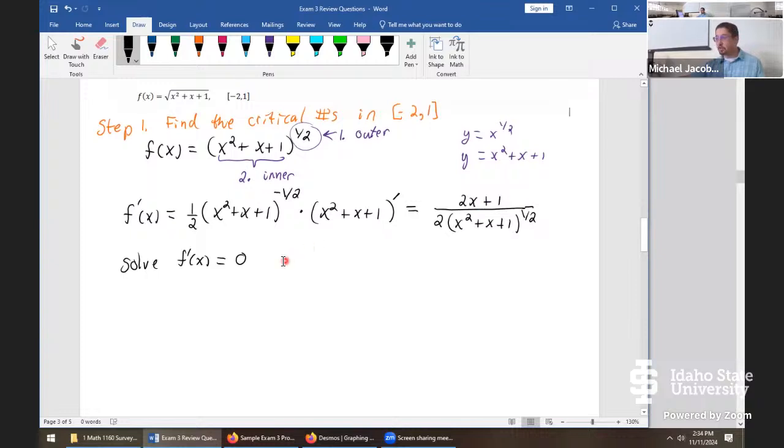Solving this whole thing set to 0 just means we're now solving 2x plus 1 equals 0. That looks like a really big leap of logic, but remember, if you set this equal to 0, the first step you would take is clear the denominators. So you'd multiply both sides by this denominator. It multiplies against 0, so it's just gone.